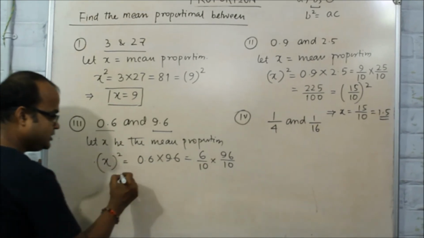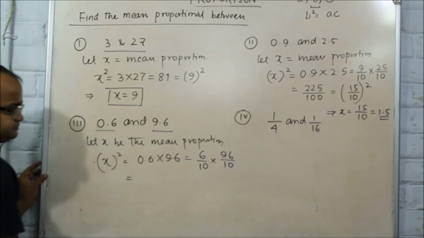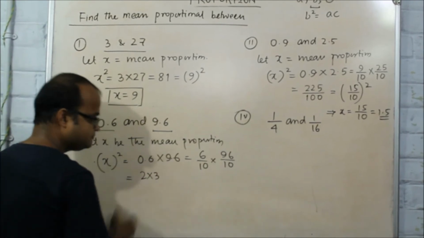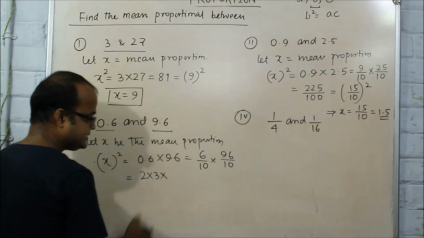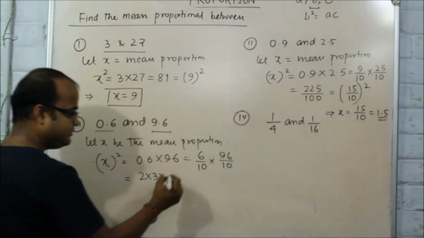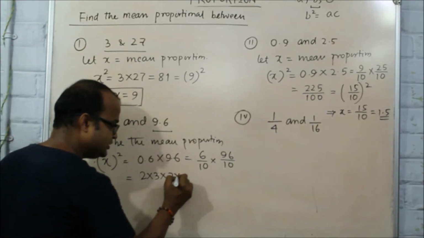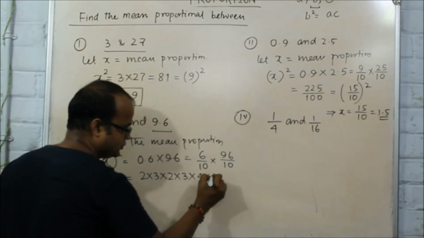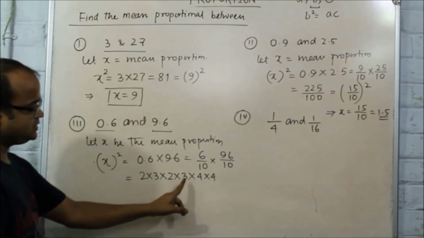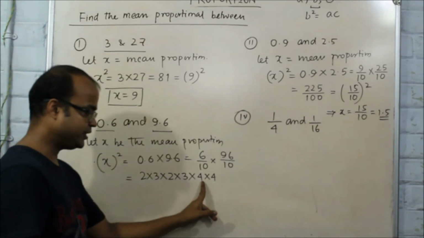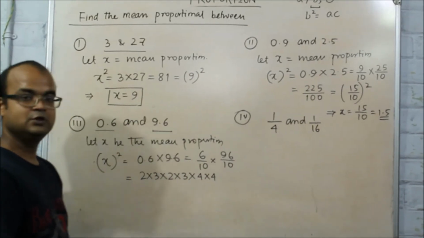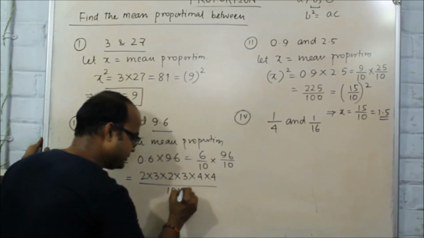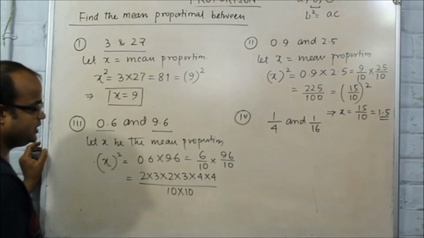Now there is another way to find out. 6 can be written as 2 into 3 and 96 can be written as 2 into 3 into 4 into 4. 2 3s are 6, 6 4s are 24, 24 4s are 96, by 10 into 10. Clear?